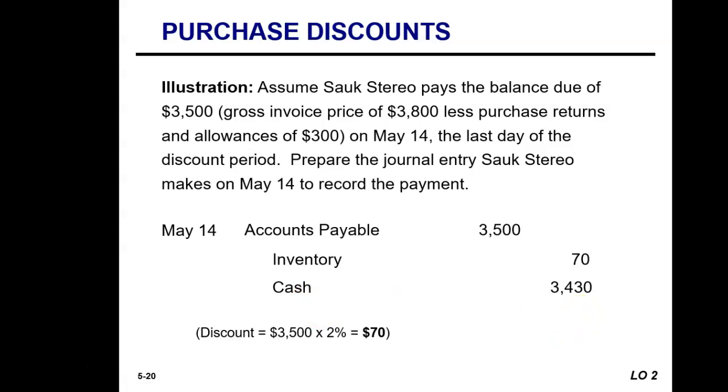So again, the terms were 2/10, N/30. We did pay within the 10-day discount period, and received a discount of 2% on the remaining balance in the amount of $70. The amount of the discount is shown as a credit or a reduction to the cost of the inventory account.